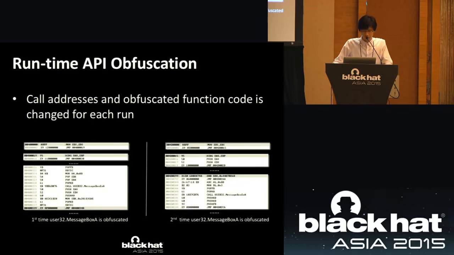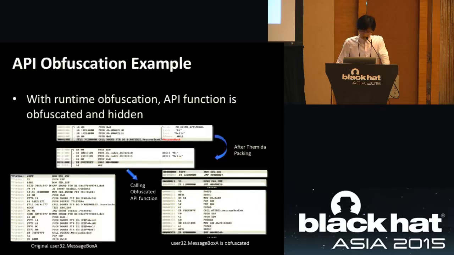And when we run it a second time, it changes shape because Themida embeds a runtime obfuscator in the executable file. Furthermore, it is harder to analyze a Themida-packed executable because the call instruction is changed and the address of the call target is changing.